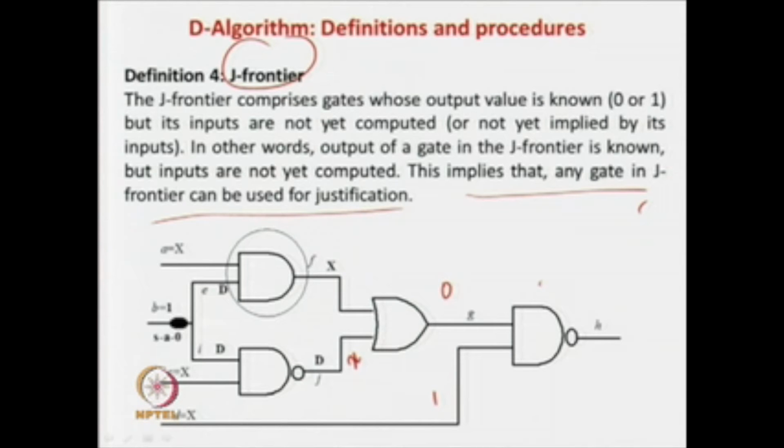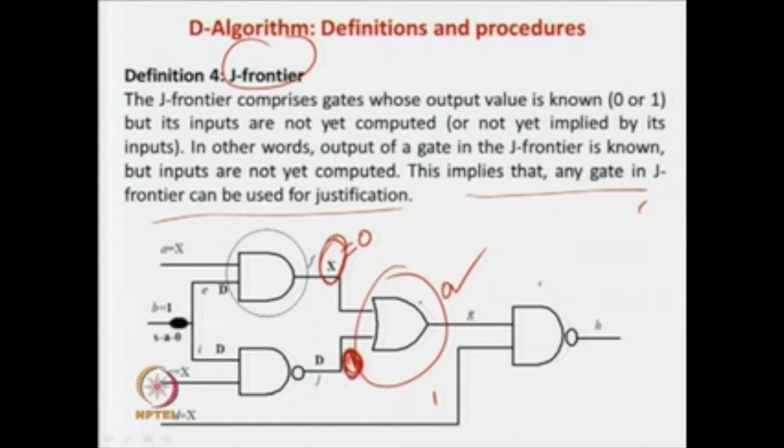The inputs are not yet implied, that is, at least one of its inputs is not yet known. We know that this is, say, 0, but this is x. That means, to justify the value here, we know that x has to be computed to 0. That is, in this gate the output is known, but one or both of its inputs are still x.